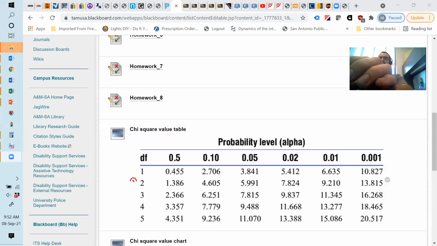Therefore, our hypothesis or assumptions were wrong. And you would type this out as chi-square equals 20.89, df equals 1, p-value 0.001.